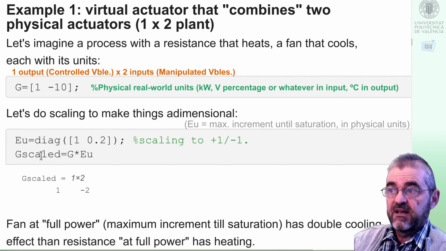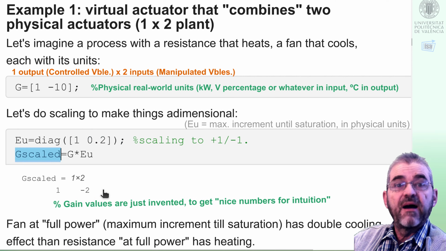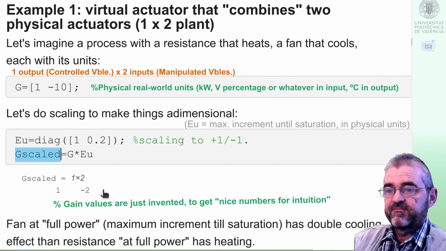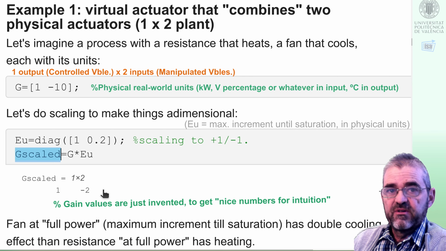Well, the thing is that the scaled gain is just a row vector 1, minus 2. That means that fan at full power, maximum increment till saturation, is able to have double the cooling effect than resistor at full power, maximum increment to saturation. Of course, this is a pure invention.